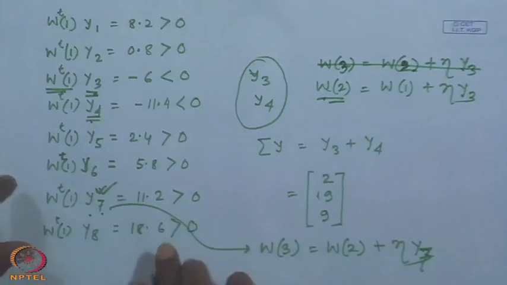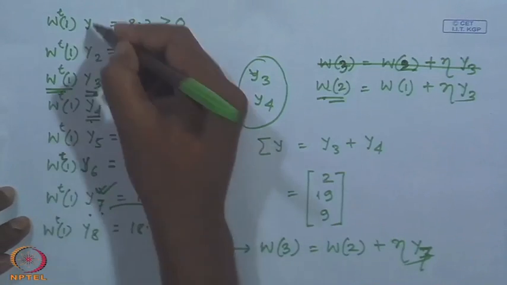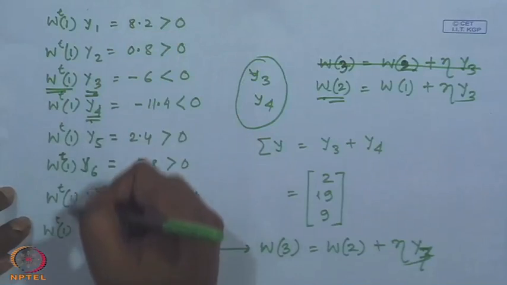So, whenever I get a misclassified sample, immediately using that misclassified sample, you modify the weight vector. And in a complete pass, if I have a W where for the same W, Y1 to Y8 are all correctly classified, I will take that W to be my solution vector.